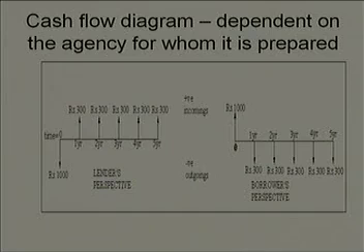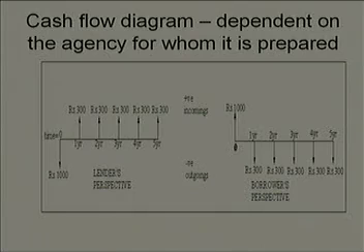Suppose 1000 rupees has been lent by a lender to a borrower, and the borrower is supposed to pay him 300 rupees or $300 every year for the next 5 years, right. The problem is simple.